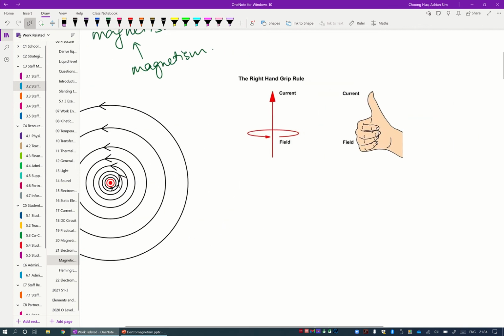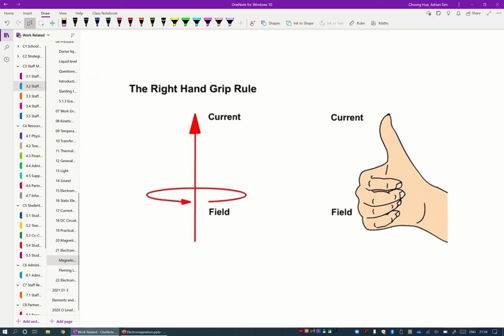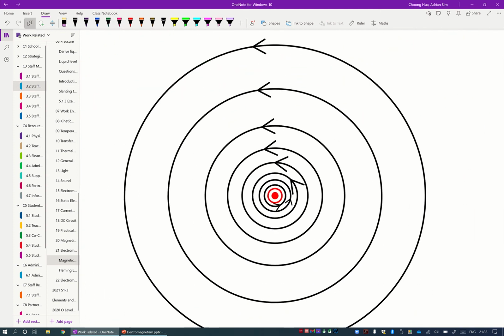For a start, let's introduce this thing called the right hand grip rule. In the right hand grip rule, you point the thumb in the direction of the current. So in this diagram, you point the thumb out of the plane.